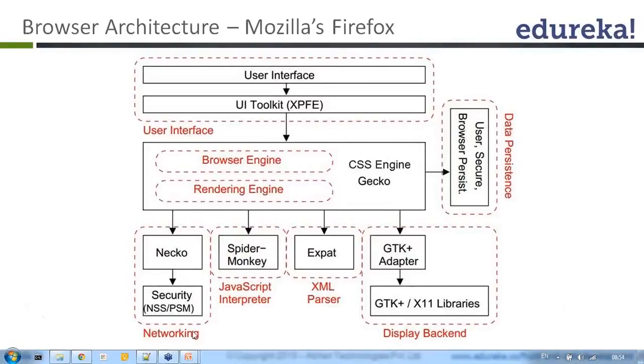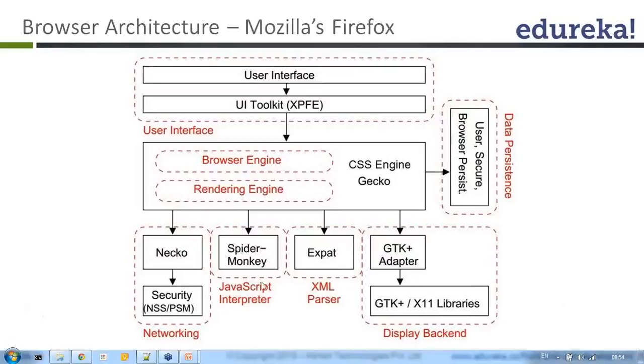The networking module is called Necko, and for handling security they have a separate module and so on. Mozilla uses the GTK library for rendering and displaying the windows, and basically all the graphics you see on the screen. All that is handled by your display backend, which uses the GTK library.